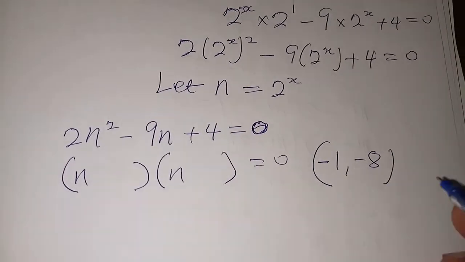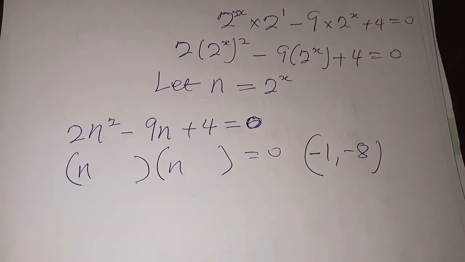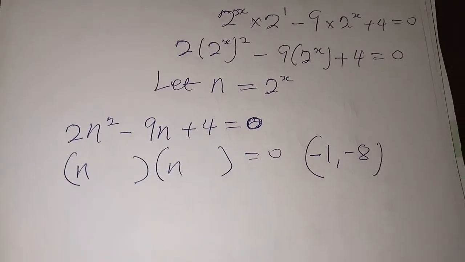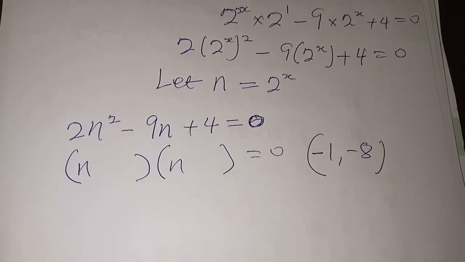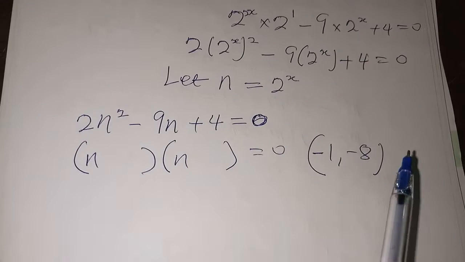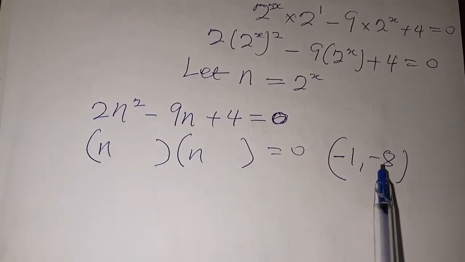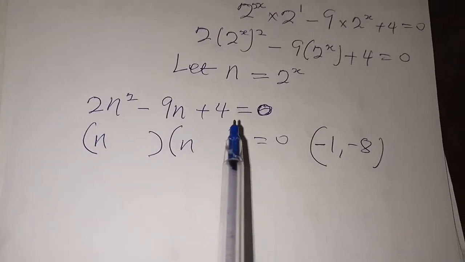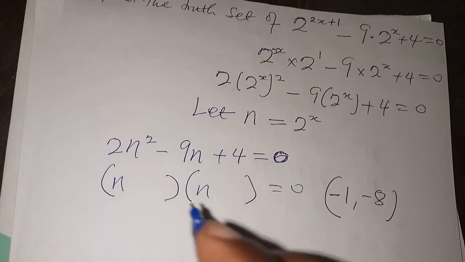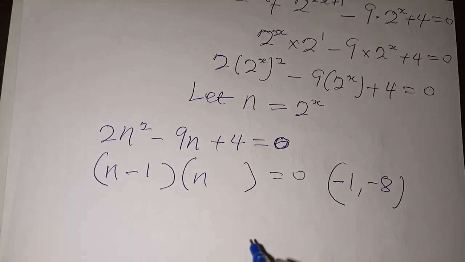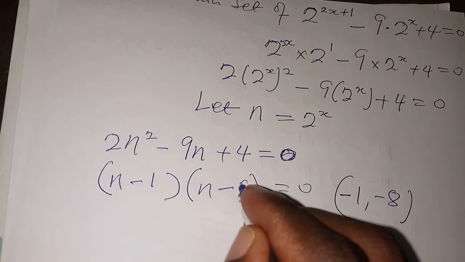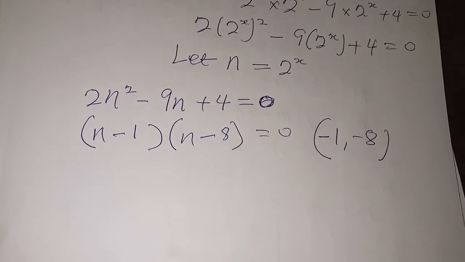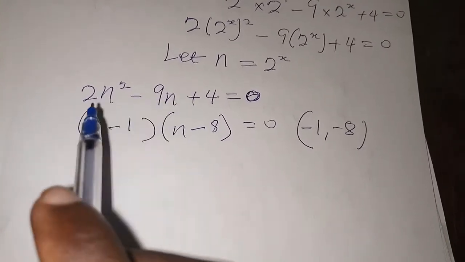Good. Because when we multiply -1 and -8, we are going to get +8, which is our a times our c. And then when we add -1 and -8, we are going to get -9, which is our b. So we write -1 and then -8. But this one doesn't end here. The first one, it just ended there because our a was 1. But here, our a is not 1.